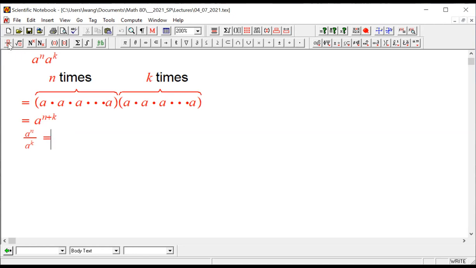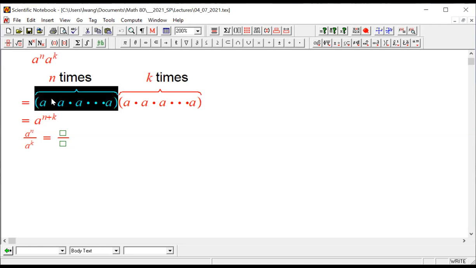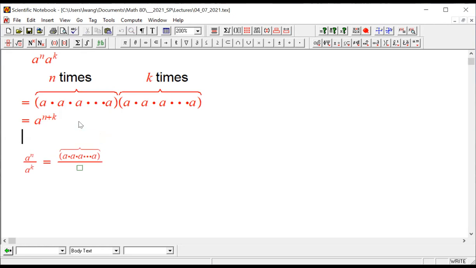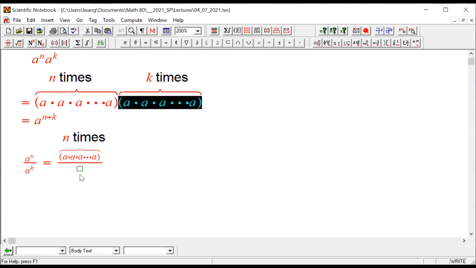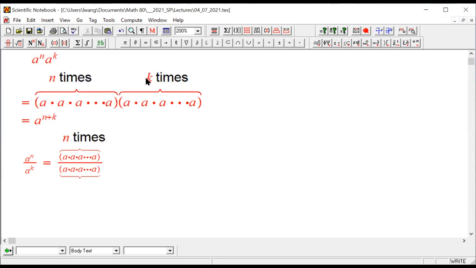You have a to the power n, that's n times, and here you have a to the power of k, k times, dividing.